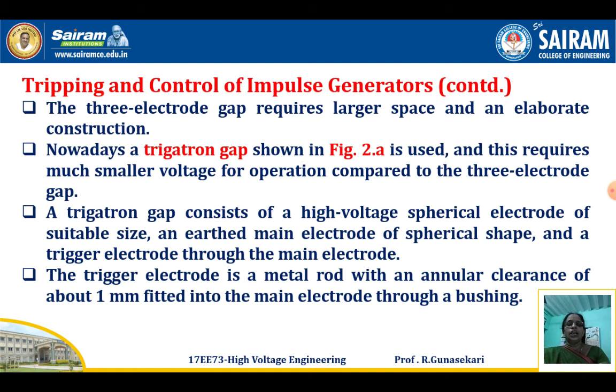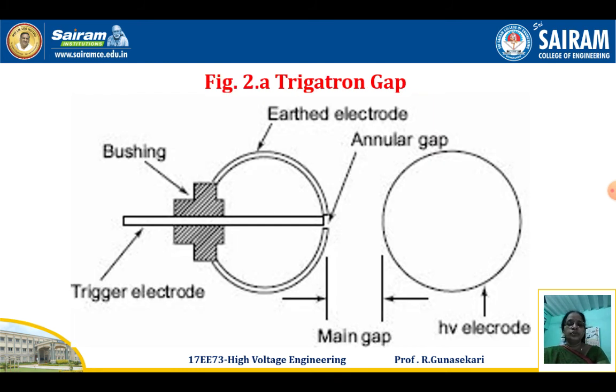The trigger electrode is a metal rod with an annular clearance of about 1 millimeter, fitted into the main electrode through a bushing. Here the bushing is there, and then the main electrode means the earth electrode. The gap between the bushing and the electrode is 1 mm, and that is called the annular gap.